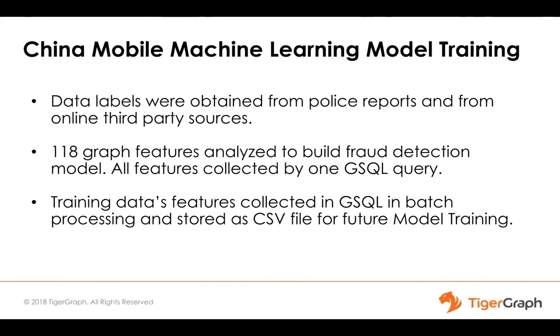After several rounds, our model got very good performance. GSQL also provides the capability to collect the training data features in batch and store them in a CSV file, so that for future training, it's the same as normal model training.